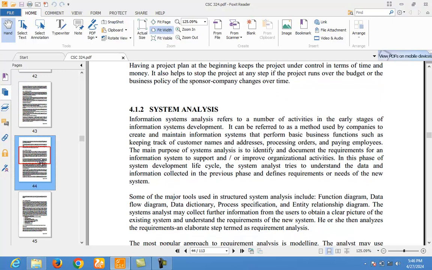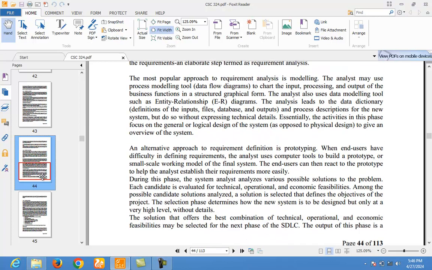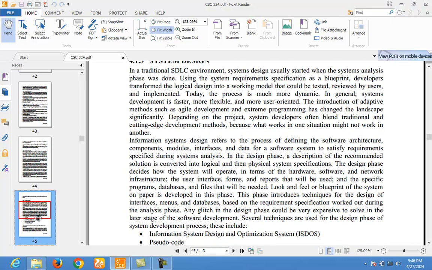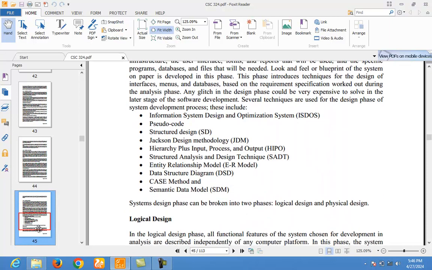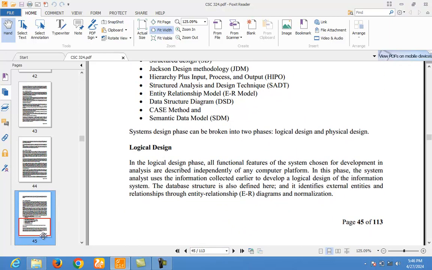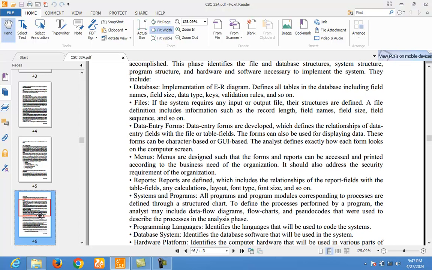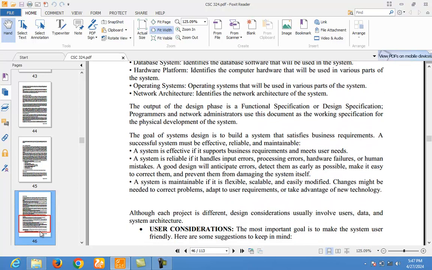Each of these has their own unique responsibilities clearly stated in your material for you to understand in depth what each phase is to fulfill.